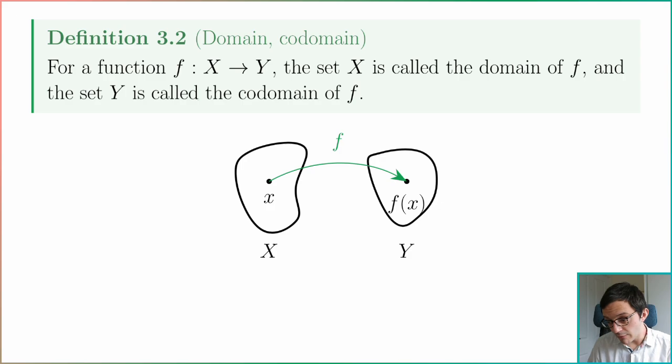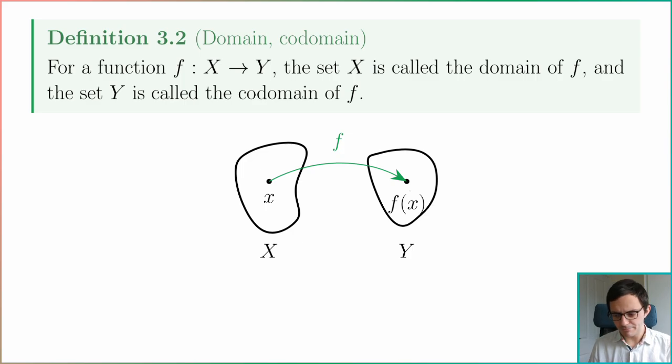So if you're showing a function, you have to be told what the domain and codomain are, but then if you want to refer to them later, you can call them domain and codomain for that function, instead of clumsily saying x and y like I've been saying so far in this video. So here I might say that the function takes values in the domain and returns values in the codomain. For each value in the domain, there is a value in the codomain associated through the function f.